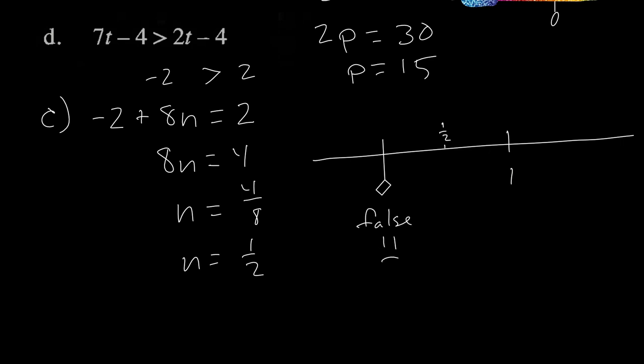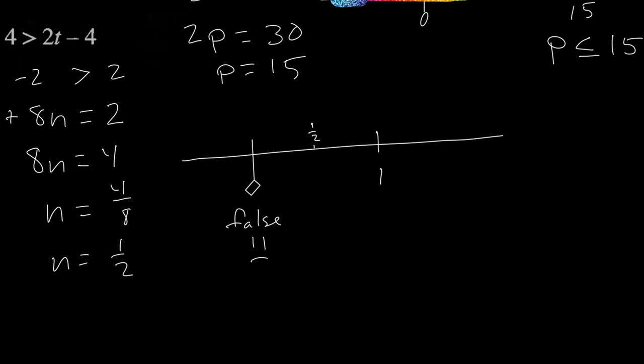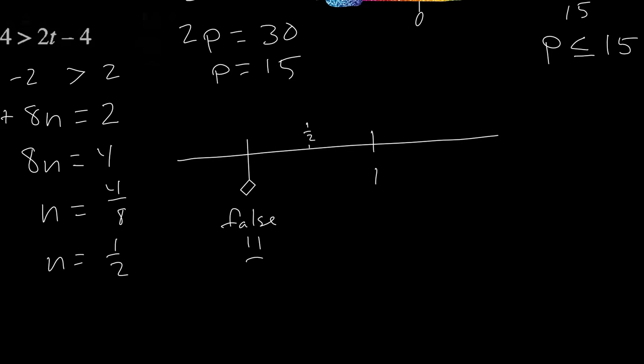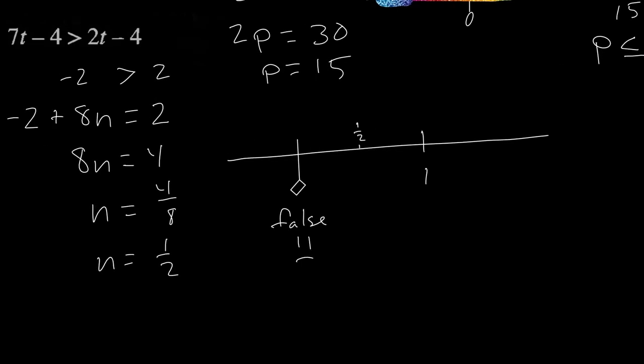This point did not work. That means instead of going where the 0 is, I have to go the opposite direction this time. The boundary was an open circle, so we have an open circle at 1/2, and then it is everything to the right of that boundary point. So all of these points are solutions.